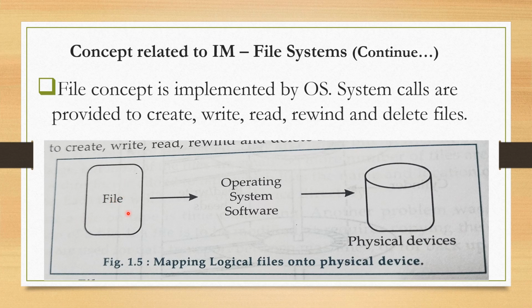So if this is a file, using a hard disk, the OS does this mapping of file to hard disk. File system means basically this: you give a file name, data is written in the file, that data is read from the file, and finally, the file can be deleted. These are the activities in the file system of the OS.